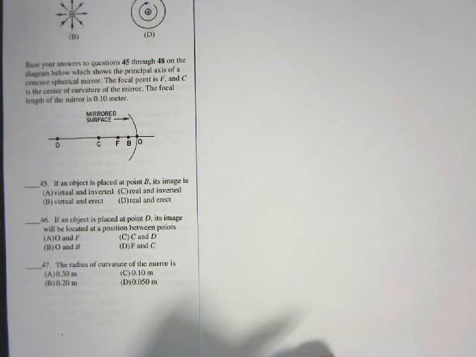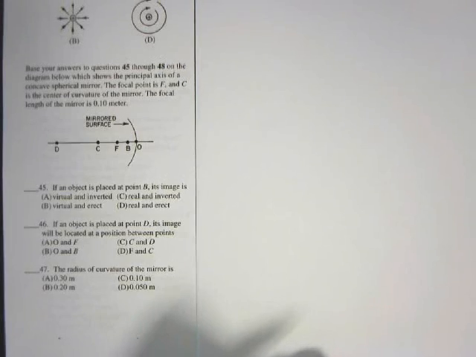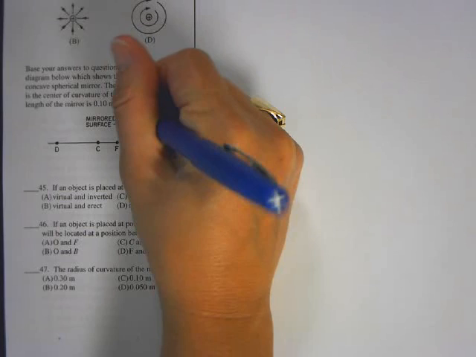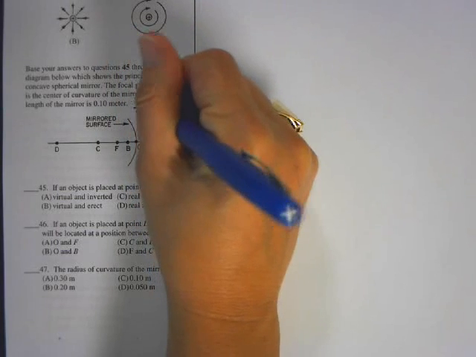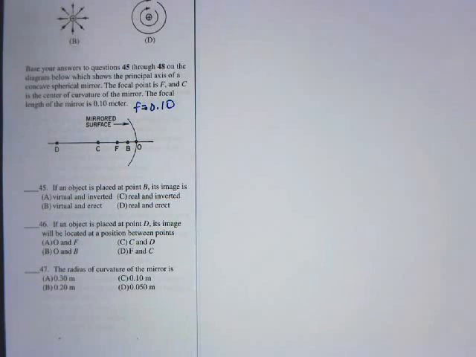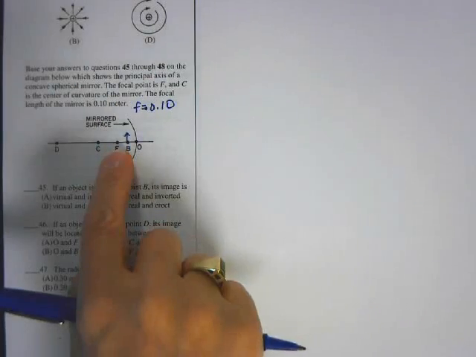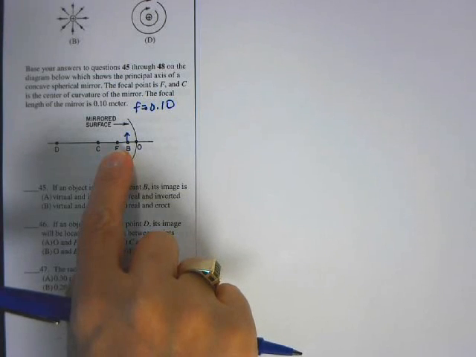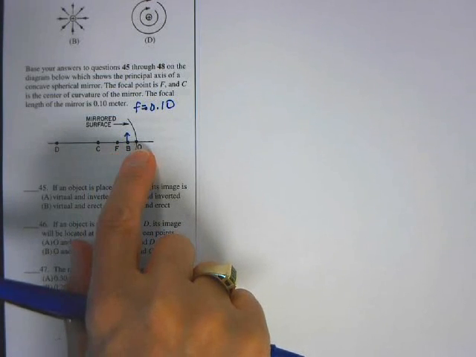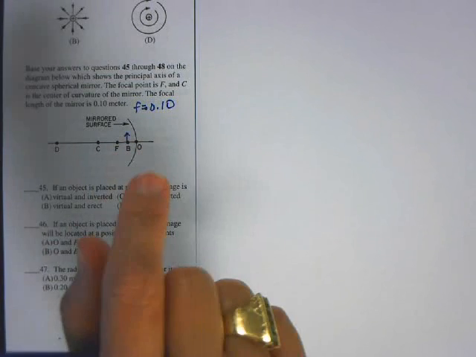Okay, so now we have a concave mirror, and they tell us that the focal length F is equal to 0.10, and it says if an object is placed at point B, which is here, so that's between the focal point and the mirror, what is the image?